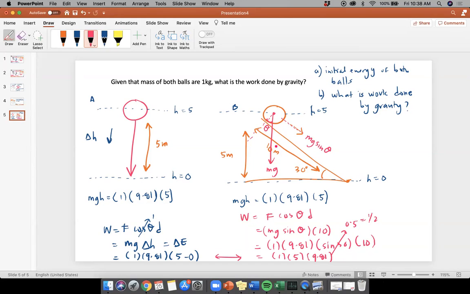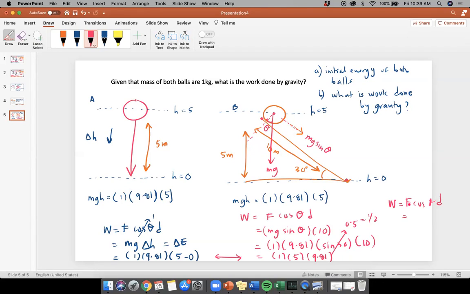Now, if I said I don't want to solve using the incline, I want to solve with respect to the force going down, which means I need to use my mg in full force. No sine, nothing, it's 100% mg. So if I solve it like that, my W becomes F cosine theta, which is just my equation for work. But for mg, the displacement that is parallel to mg is the height, and the height from this point to this point, I know, is 5.